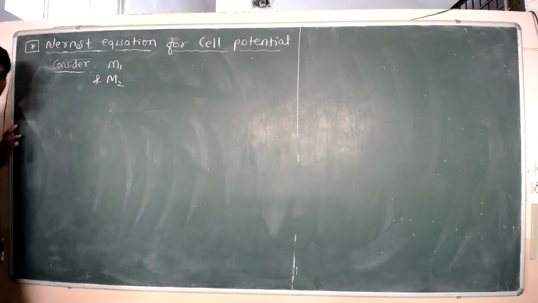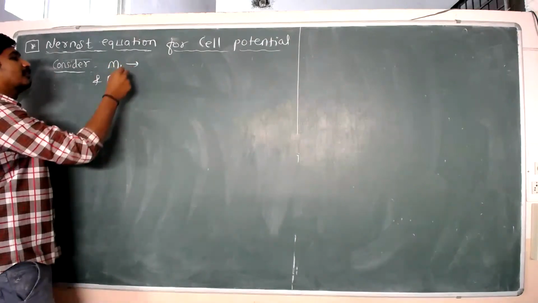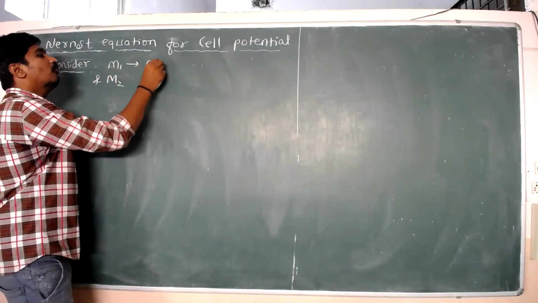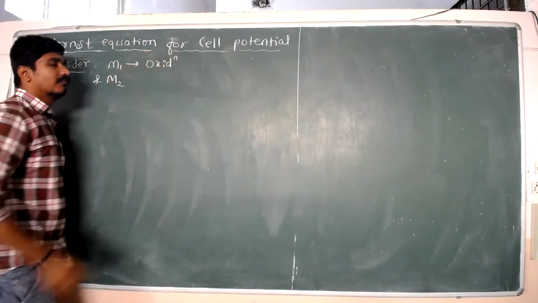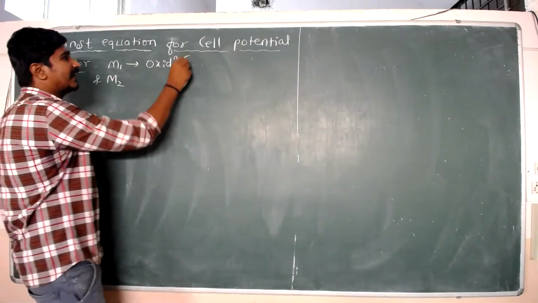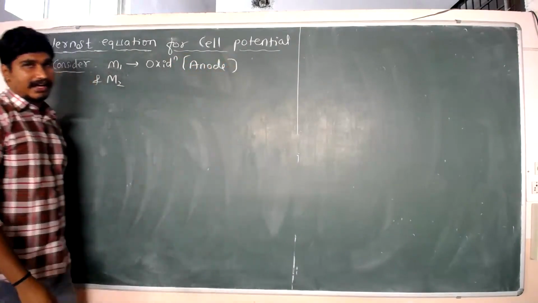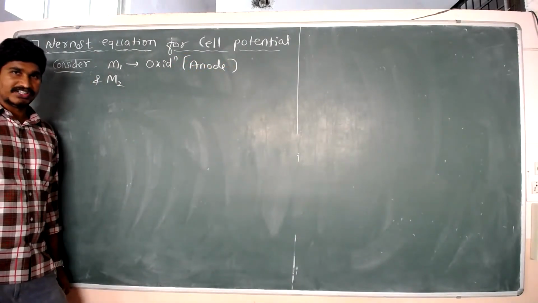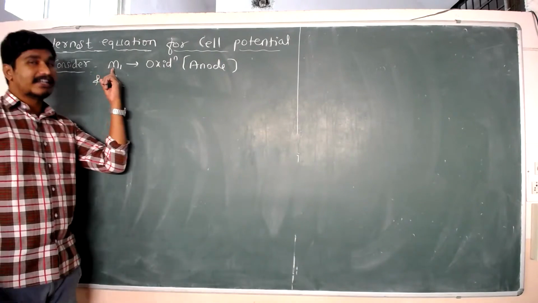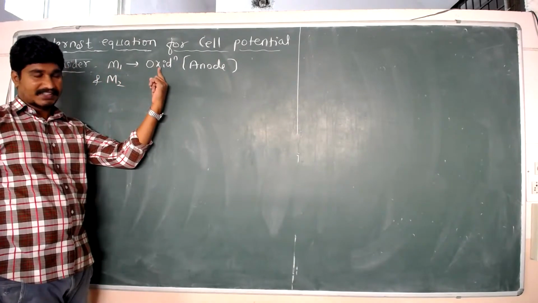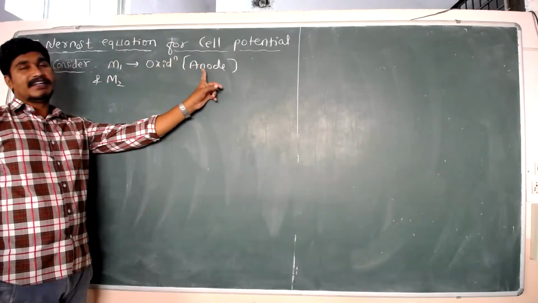Just think that this M1, metal 1, is undergoing oxidation. It is acting as anode. Oxidation at anode. This metal 1 in the reaction is undergoing oxidation. Just think I am considering that it is acting as anode.